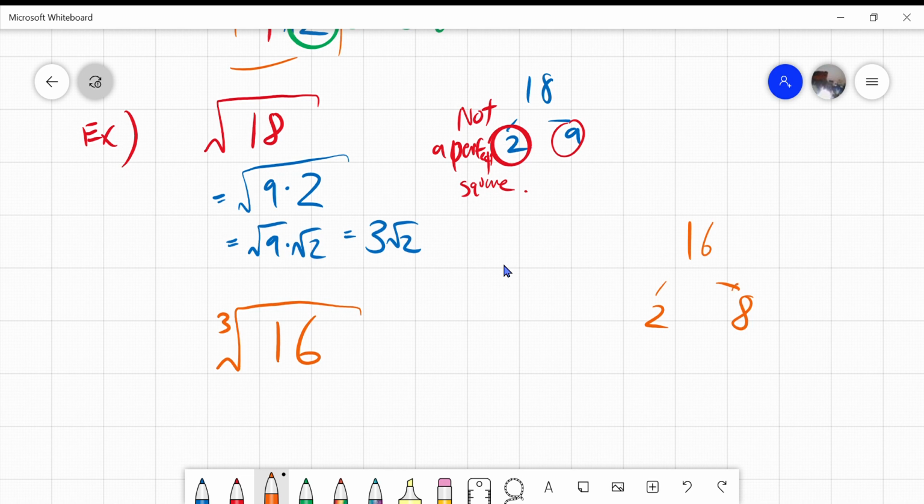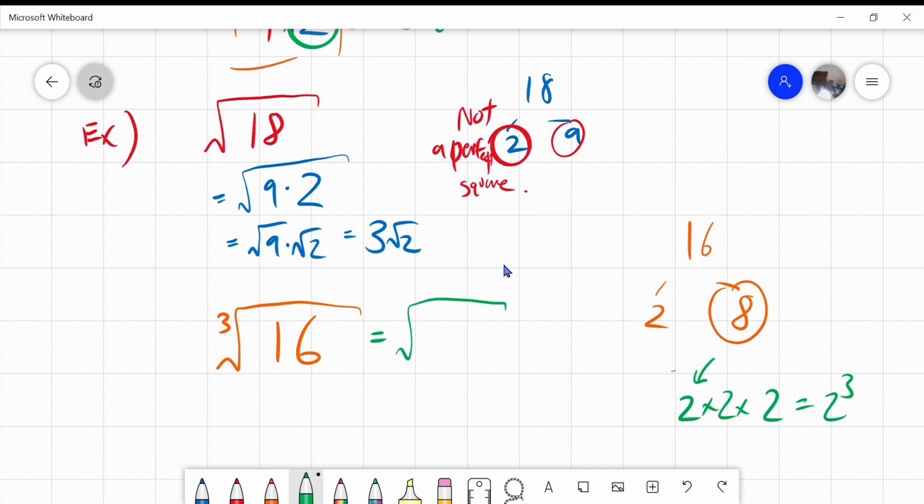But 8 is a perfect cube because 8 is 2 times 2 times 2, which is 2 cubed. So that would be cube root of 8 times 2. Rewrite this as cube root of 8 times the cube root of 2. That would be 2 cube root of 2. So it's the same concept.